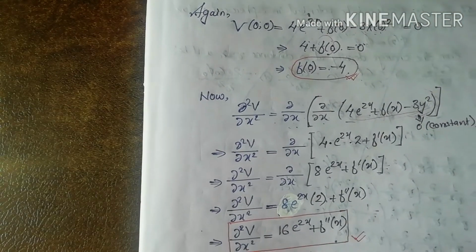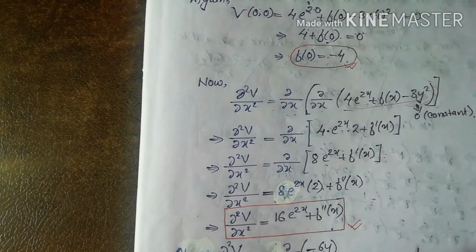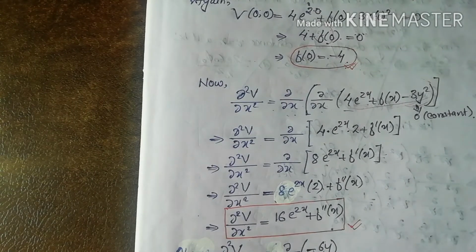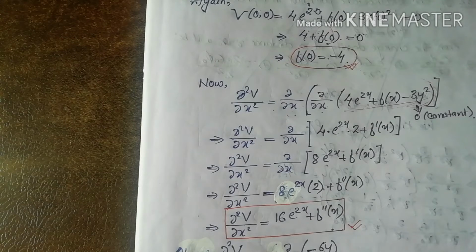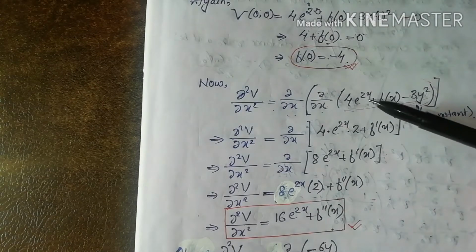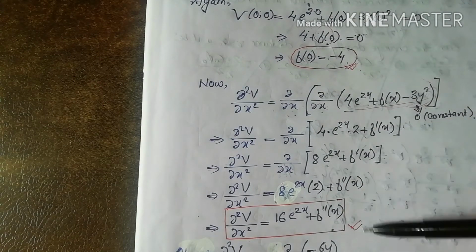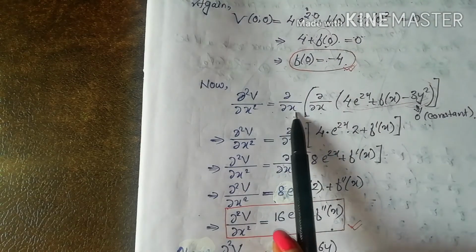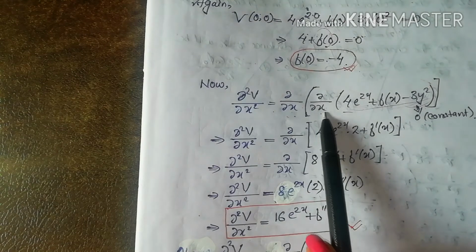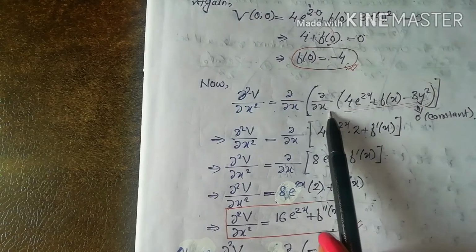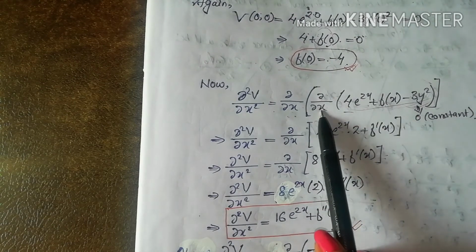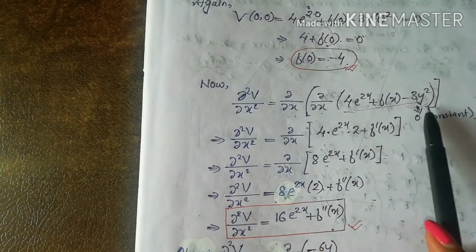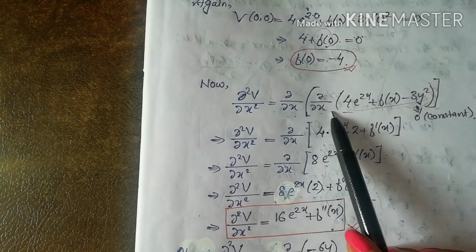Now we will see del squared V. Del squared V is del squared V by del x squared plus del squared V by del y squared. First we will find del x squared, then we will go for del y squared. Here we differentiate twice, one outside and one inside.